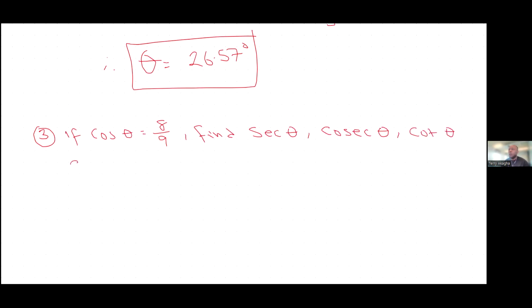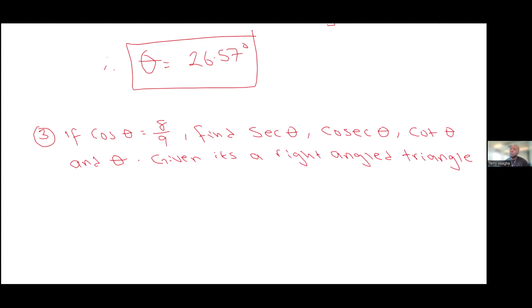Okay, we're told to find this, given that it is a right angle triangle. All right. So let's see how we'll proceed with this. All right. So let's start.